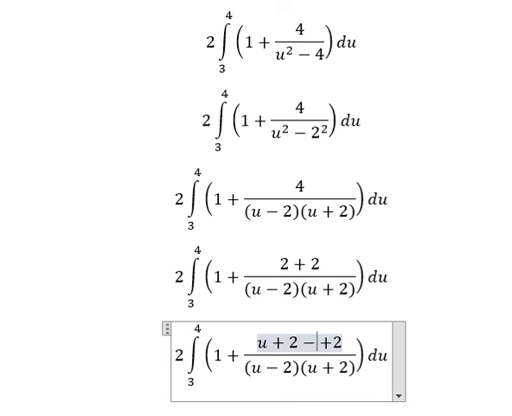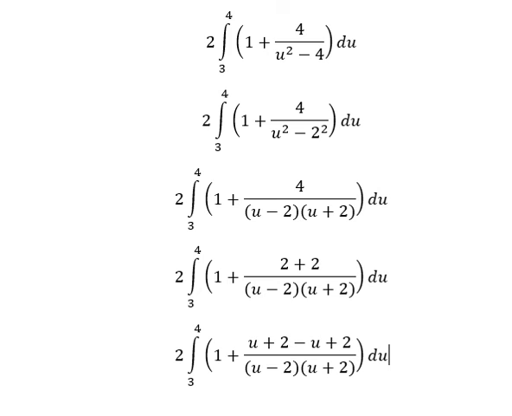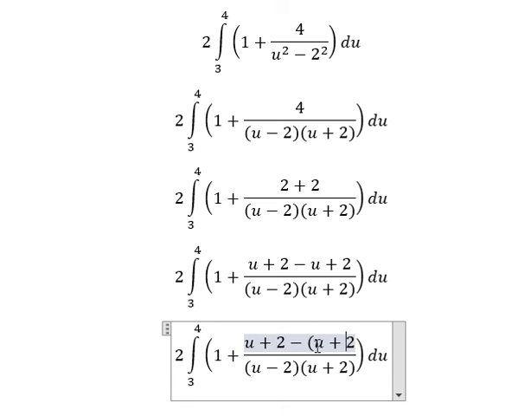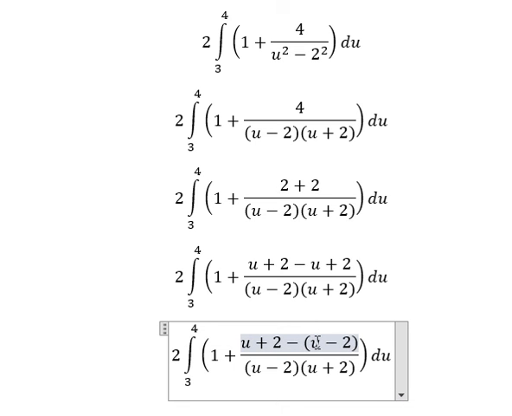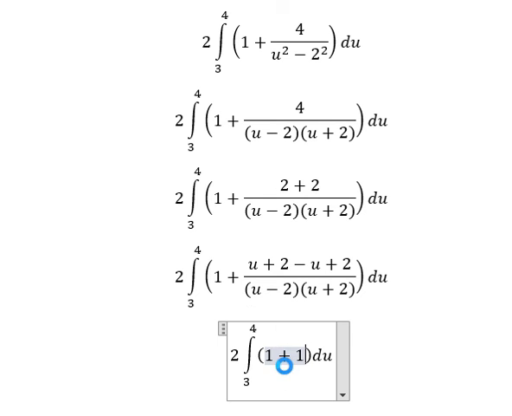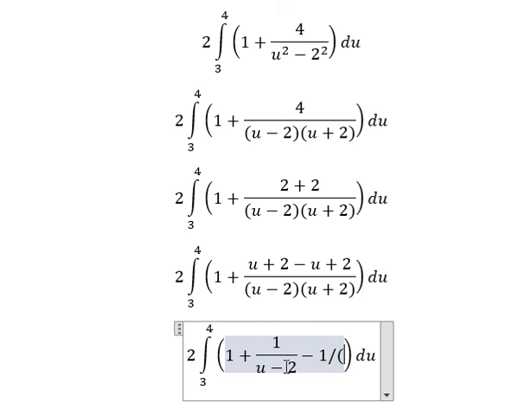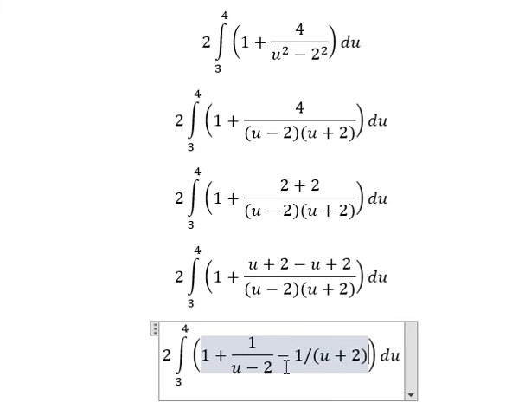After that, we need to subtract u. So this one divided by this one, and now we have 1 over u minus 2 minus 1 over u plus 2.